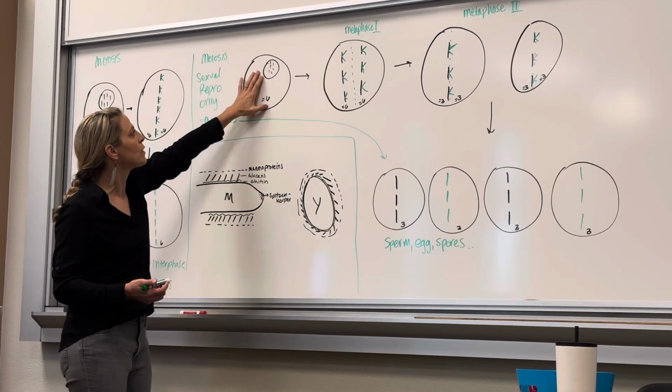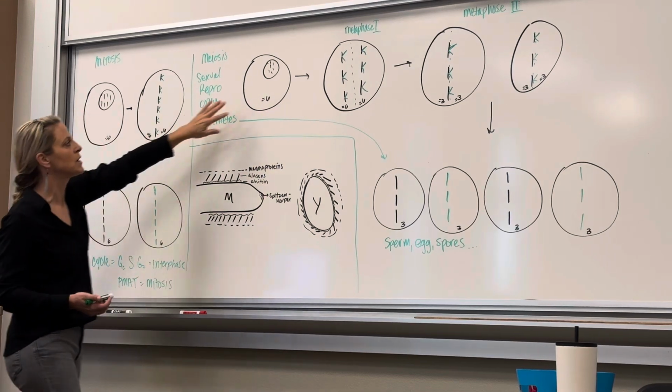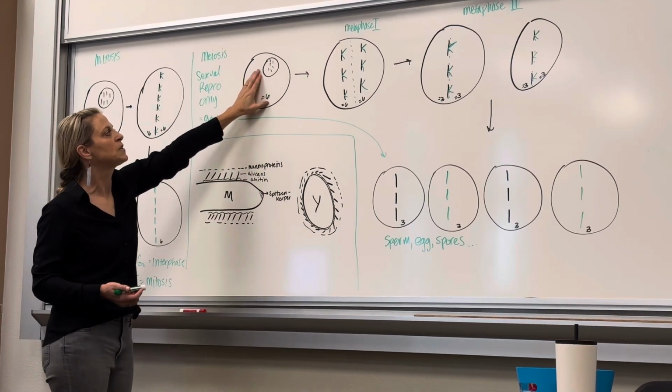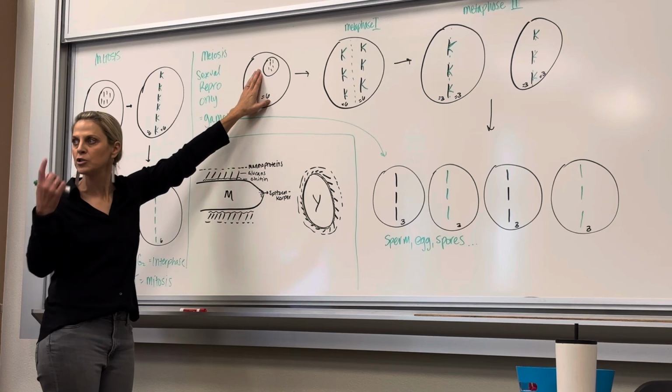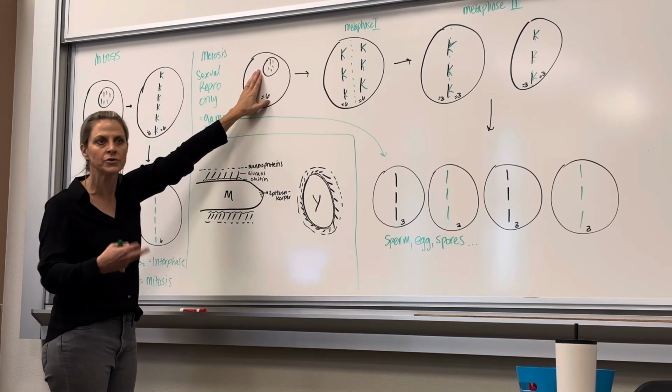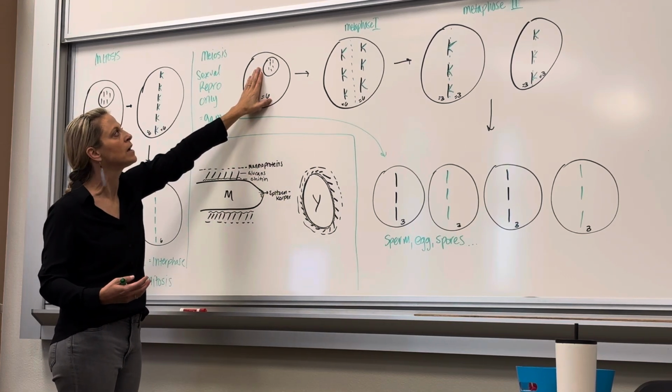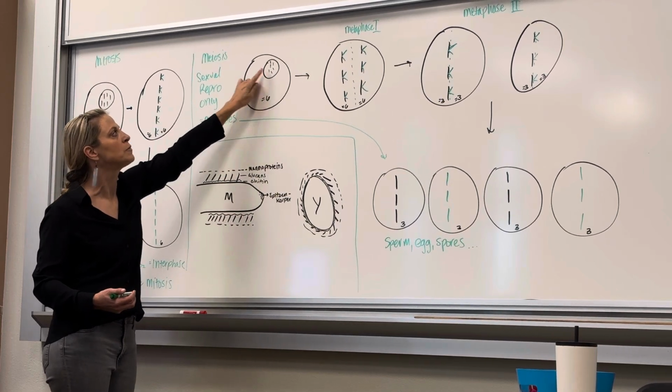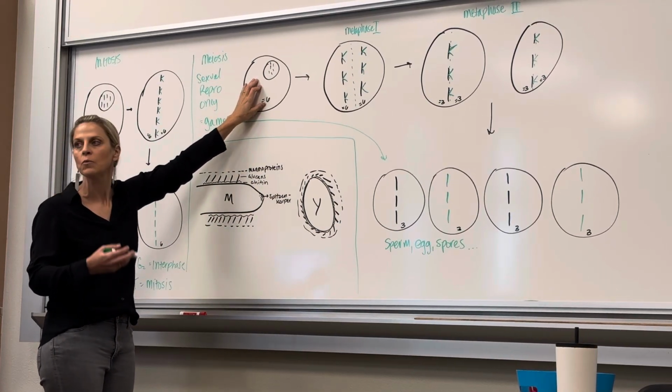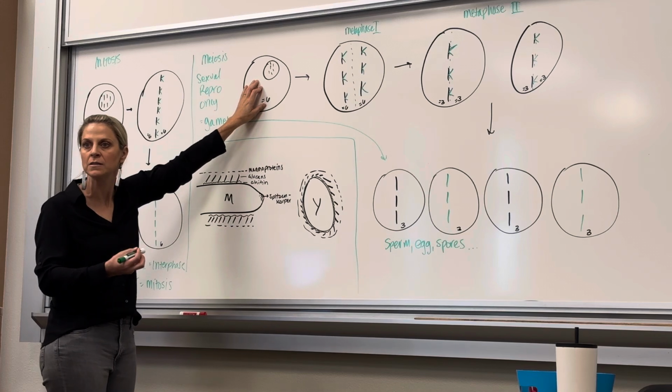Here we have an organism with 6, same here, but this cell specifically is going to make either sperm or egg or spores or whatever it is. In the human, this would be one of the cells that are going to make eggs in the fetus.